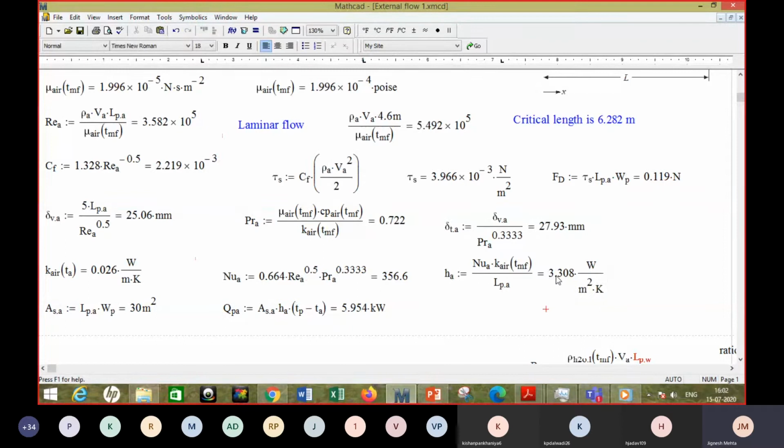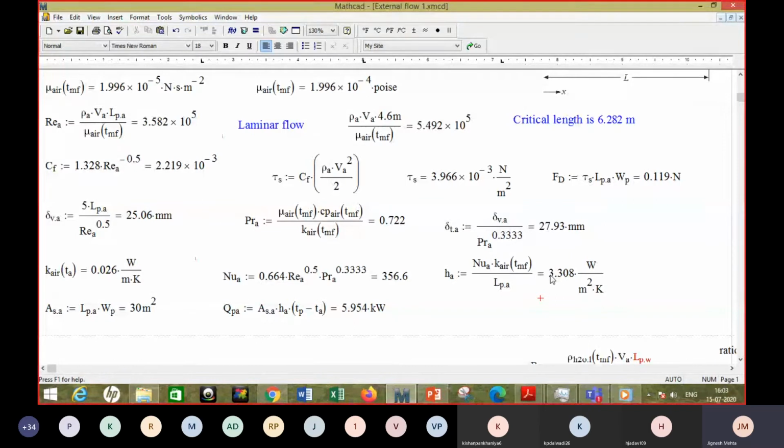This heat transfer coefficient, 3.3, later on in the chapter on free convection or natural convection, you'll find that this is even achievable in free convection. This is a very, very small number, and it demonstrates that air is a poor medium, not just from the point of view of conduction, but even in convection.